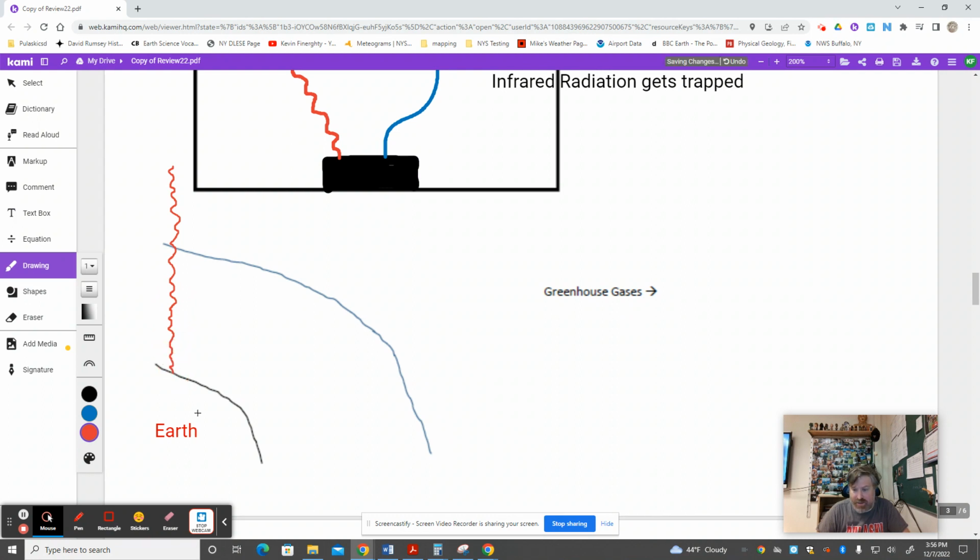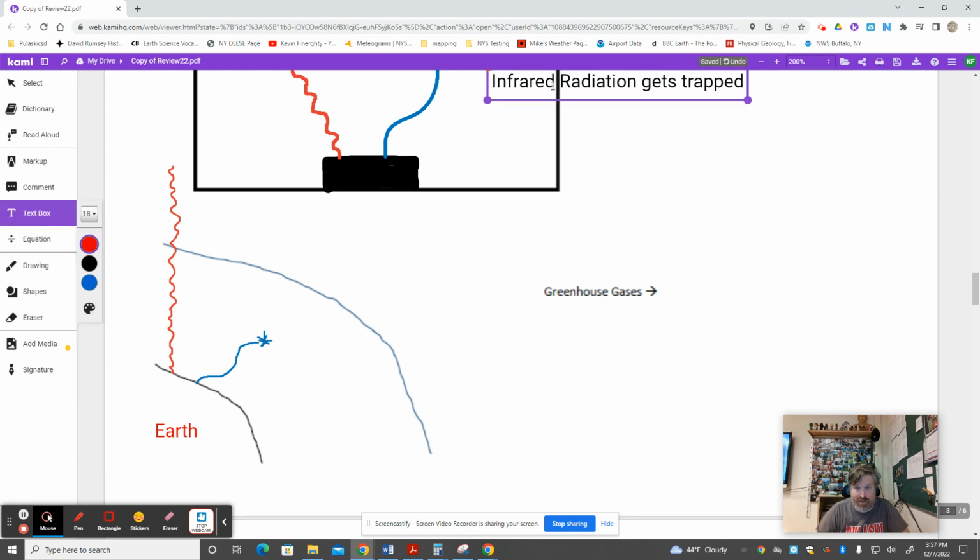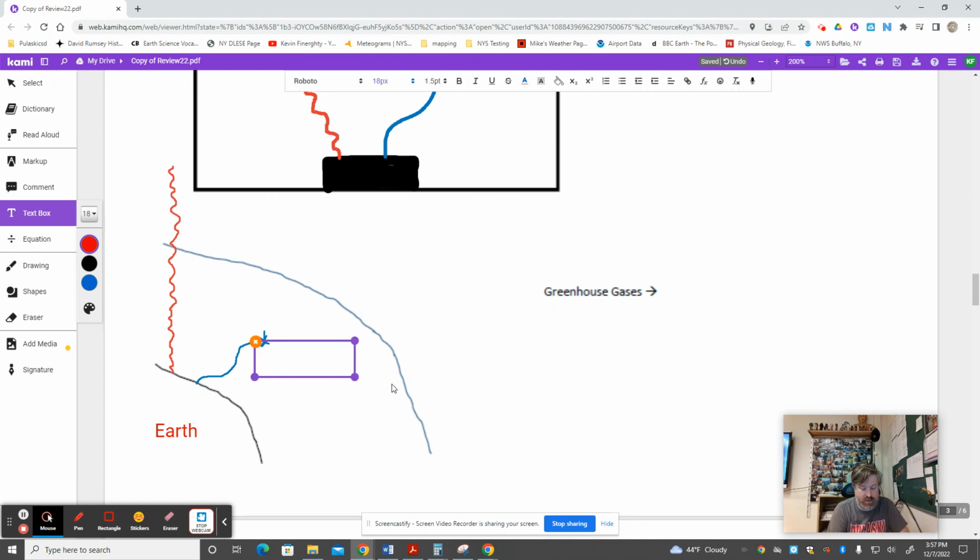But in places, it makes it all the way to the planet, and the planet gets warm. And then when the planet's warm, it gives off infrared radiation, not reflecting, but a multi-step process of absorbing, heating up, and then radiating off this energy. With the trick being, just like the glass of the greenhouse, infrared radiation gets trapped.